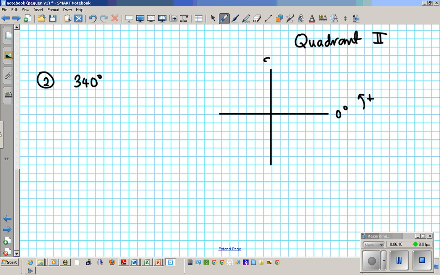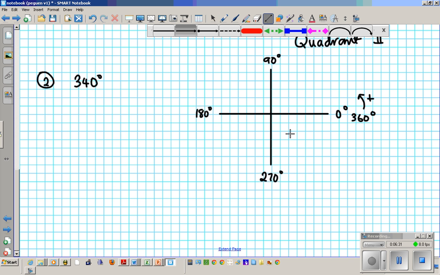Quarter circle is 90. Too small, keep going. Another quarter circle is 90 plus 90, which is 180. Too small, keep going. Three quarters is 3 times 90, which is 270. Too small, keep going. Four quarters is 4 times 90, which is 360 degrees. Too far, we're going to backtrack. It's somewhere here. I think it's closer to 360 than it is to 270.